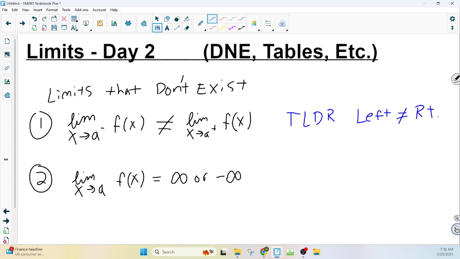So we call this unbounded, or infinite. The limit doesn't exist because infinity doesn't exist. I guess that's probably the simplest way to put it. You can't say that the limit is infinity because infinity is not a number. So if the limit somehow becomes infinity, then the limit doesn't exist.